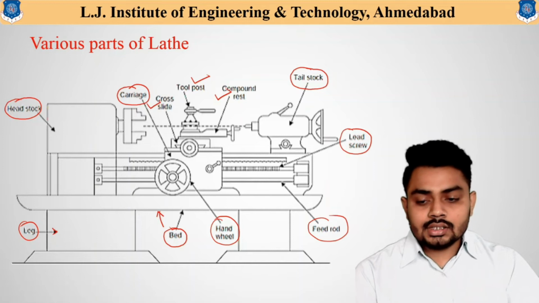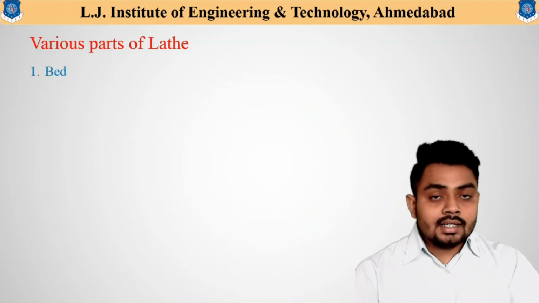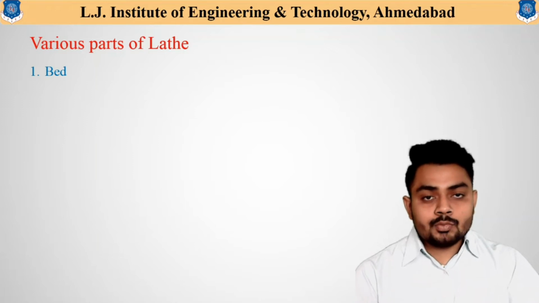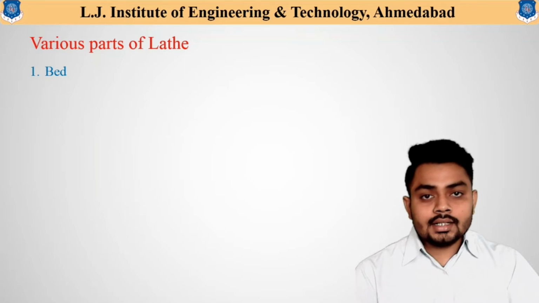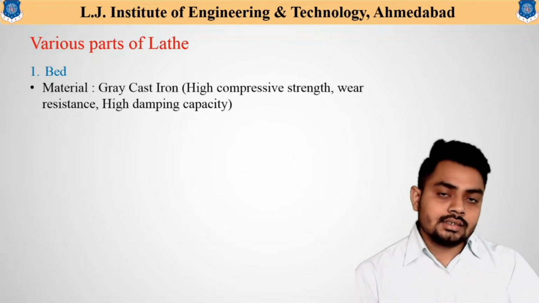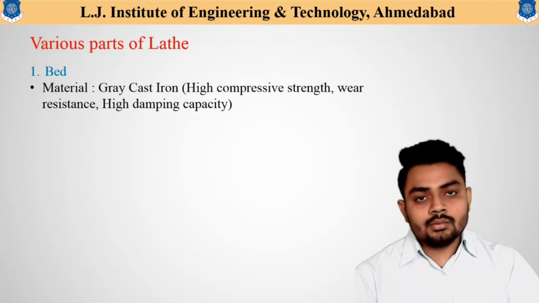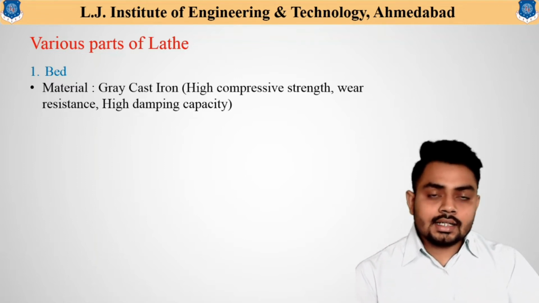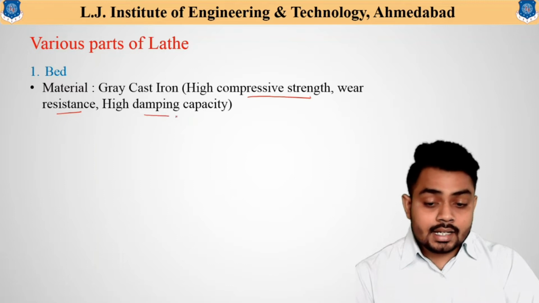So the first one is the bed. This bed is helpful to provide support to the entire lathe machine, and the material used for the bed is grey cast iron. This grey cast iron is used as a bed material because it has high compressive strength, high wear resistance, and high damping capacity.